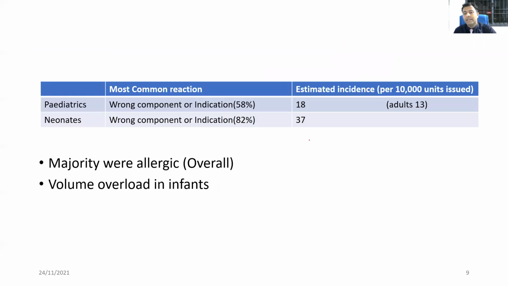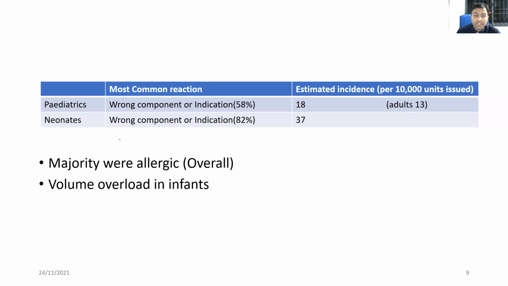So this is the estimated incidence, that is around per 10,000 units issued. In pediatrics, that is 18 years to 1 year, the estimated incidence was around 18, whereas in adults it was around 13.